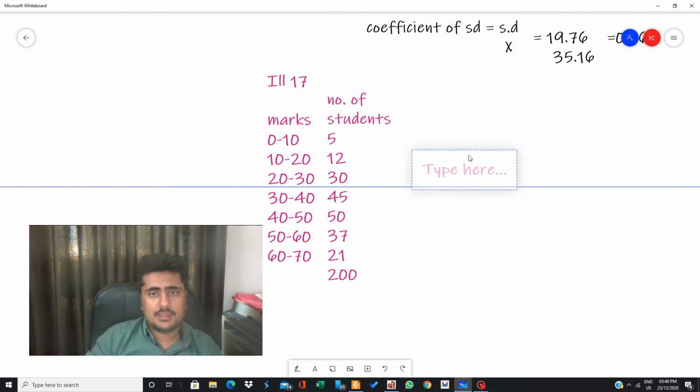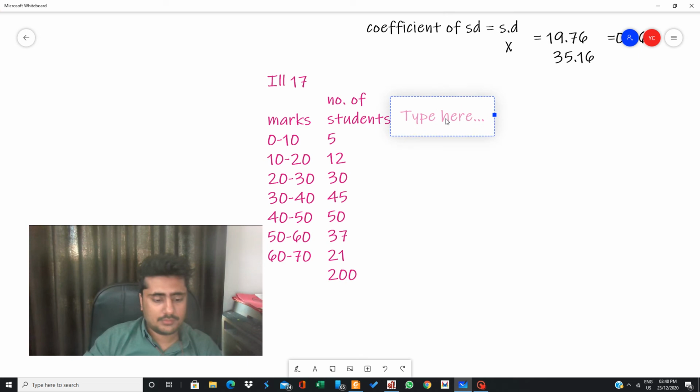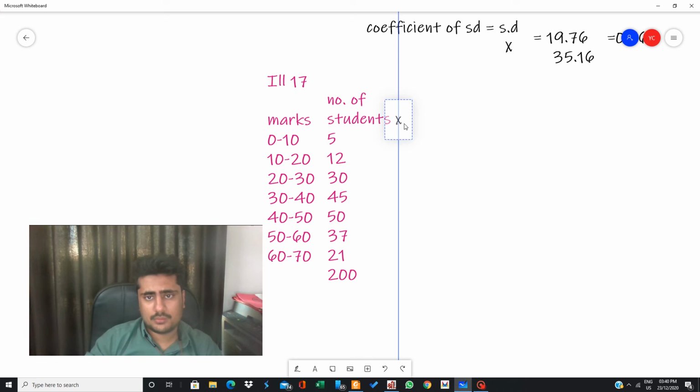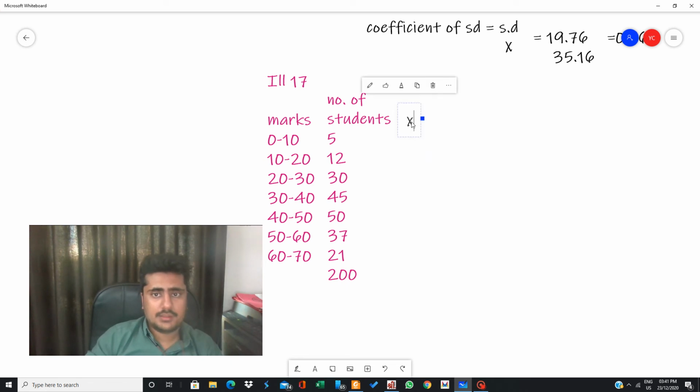When classes are given, I have to find mean first. Mean is to be found in each and every step, or each and every category. So to find mean, I have to find xi first because xi is not given. Class and frequency are given. So how to find this xi?